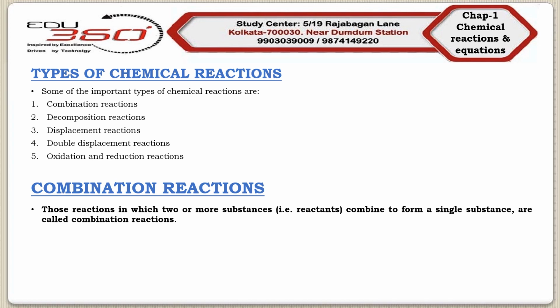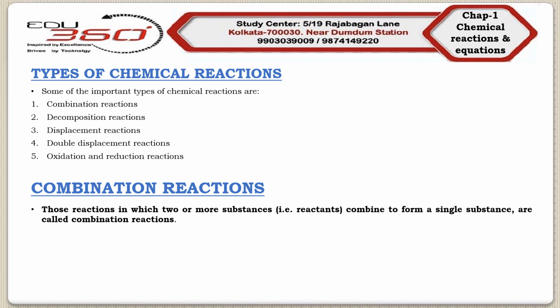Now the substances which combine are known as the reactants. What will be the nature of these substances? There can be a combination of two or more elements, of two or more compounds, or of an element and a compound.